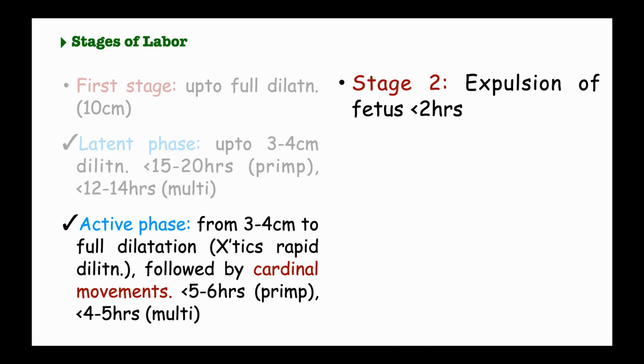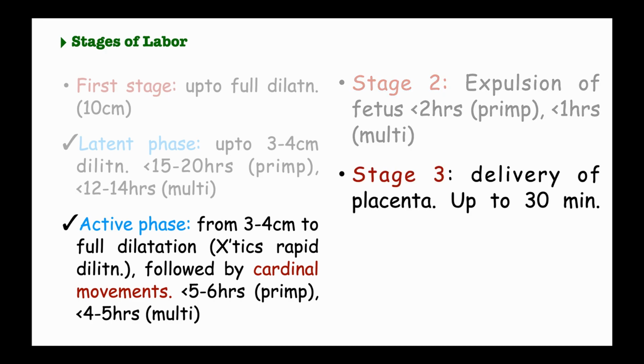Now, the second stage of labor talks about the expulsion of the fetus, which lasts up to 2 hours in the primipara and 1 hour in the multipara. Then also we saw the third stage of labor, which is the delivery of the placenta, and it must be within 30 minutes for both primipara and multipara.